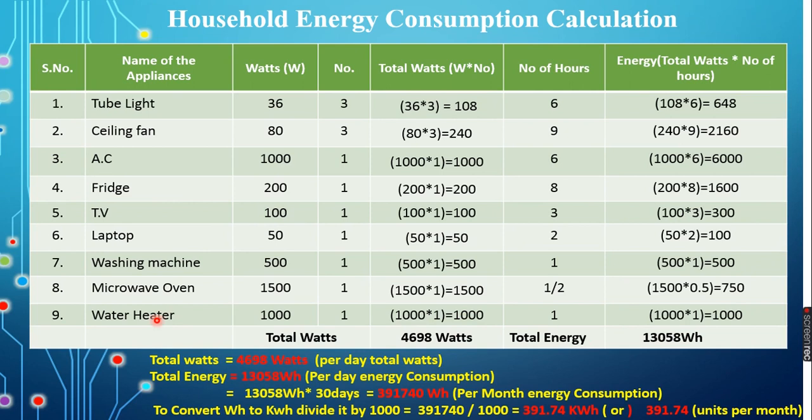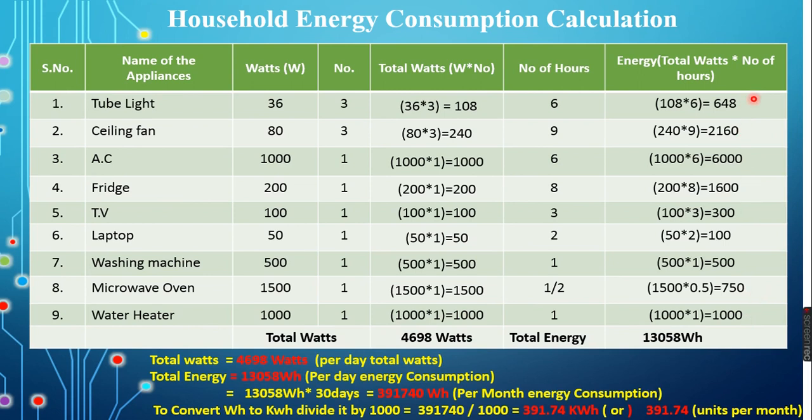And next, we are going to estimate the total energy for all these appliances. For that, how to calculate? We have already calculated the individual appliances' energies, and they are mentioned here. Here we have to add all this energy.